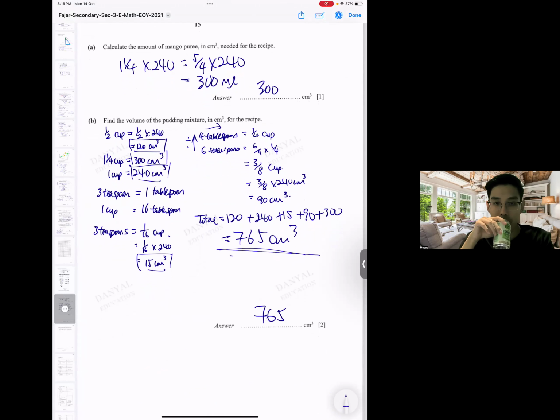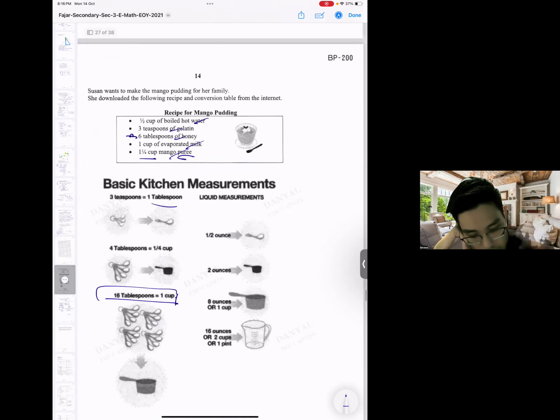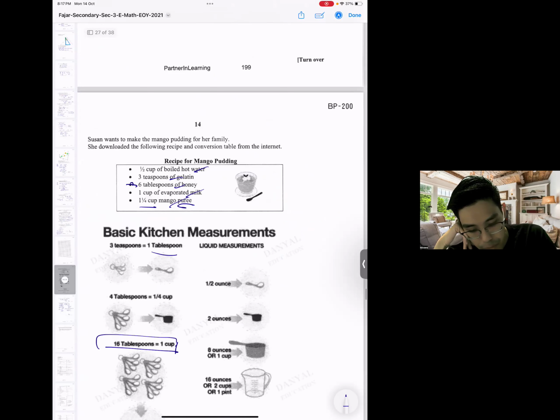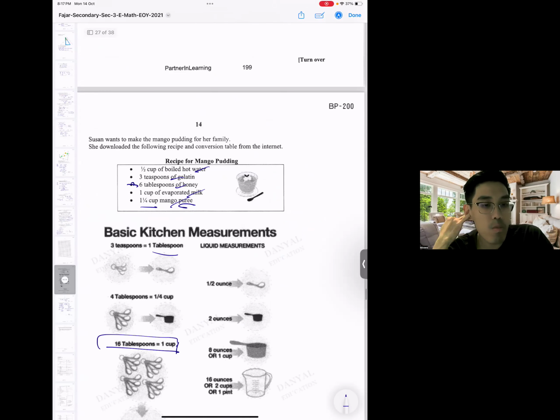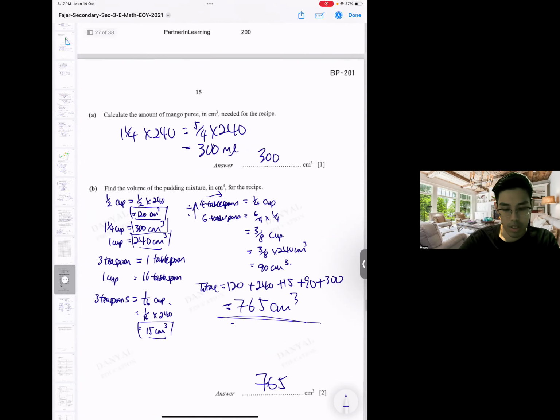There's a lot of things for 2 marks, but no choice. Mixture, I presume the mixture means everything. All good. We're good to go.